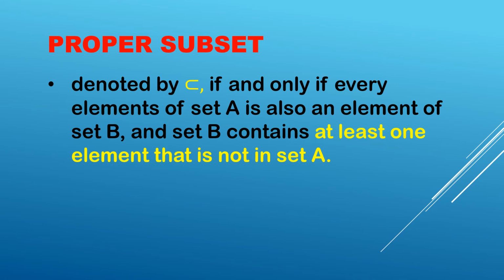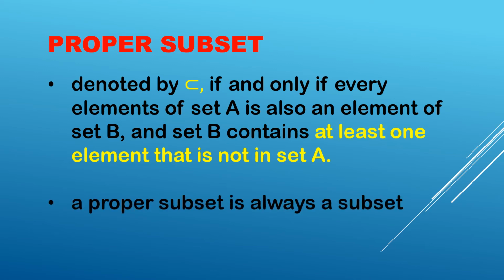Okay? And always remember that a proper subset is always a subset. So, lahat ng proper subset ay subset, but not all subset are proper subset. Okay? Except lang yung magiging equal yung elements ng dalawang set. So, hindi yun matatawag nating proper subset.